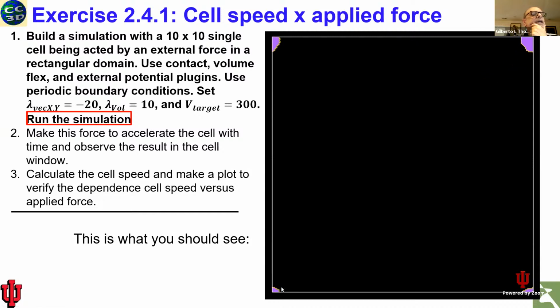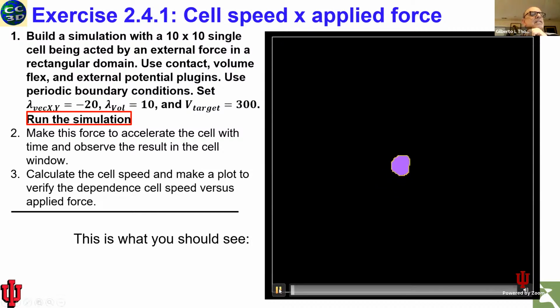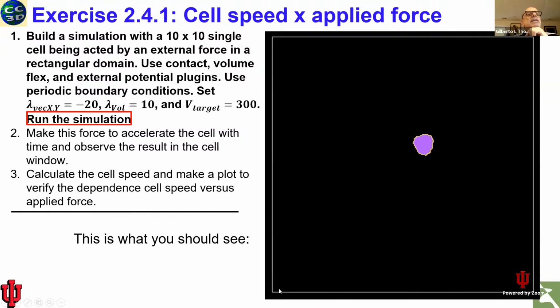See, this is why we are using periodic boundary conditions. The cell goes in a straight line, and when it reaches the border of the, I don't know why the thing stopped. When it reaches the corner of the domain, it disappears there and appears in the left bottom.